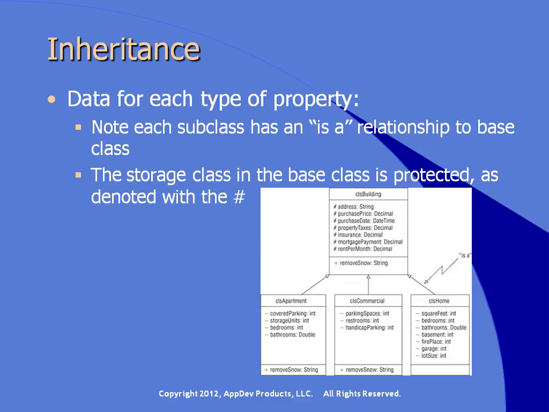In other words, the properties in the subclasses are really what defines those as specific types of buildings over and above what we see in the class building property list. So we take the common features of the properties and we put those in the base class, and then we put the unique features as properties in the subclasses. And then that allows us to have an is a relationship to the base class.